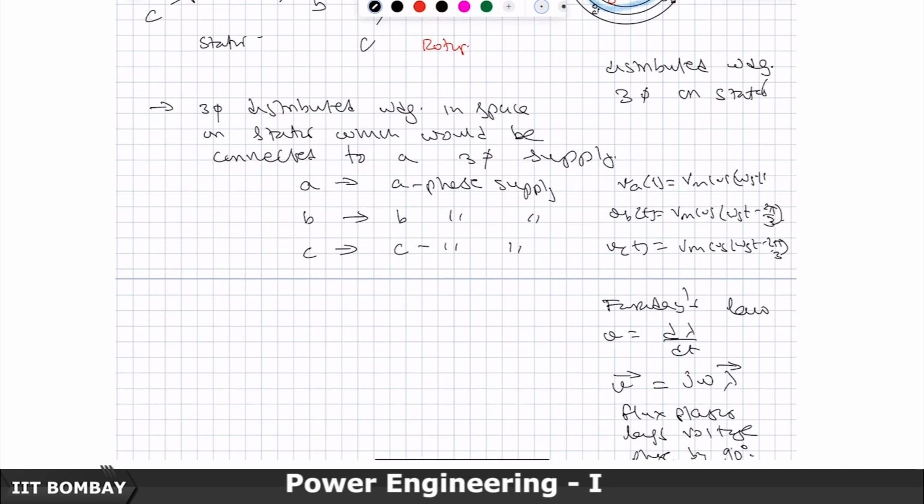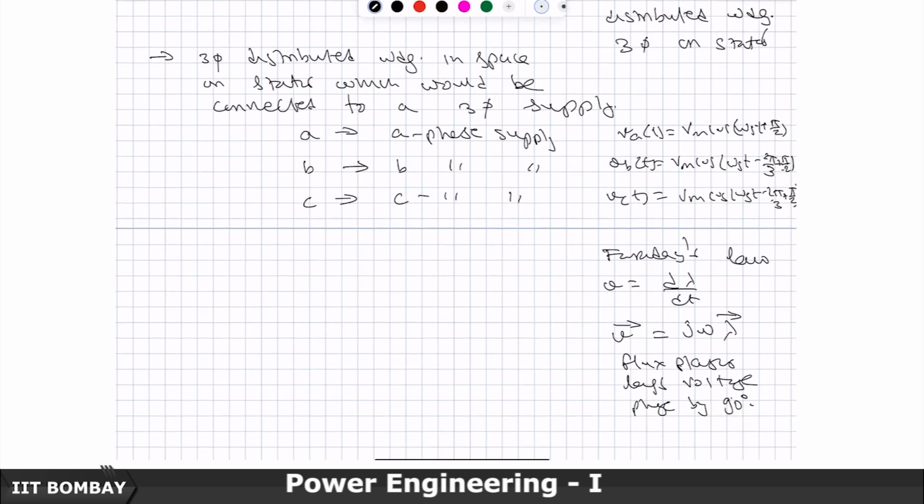So, what I will do is I will add plus pi by 2 here, and assume that I am taking voltage phasors like this.